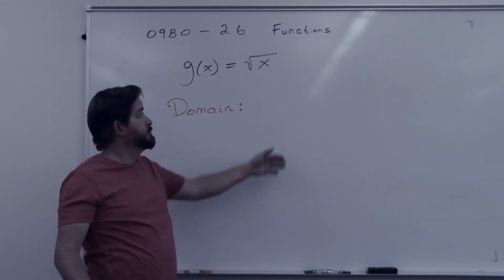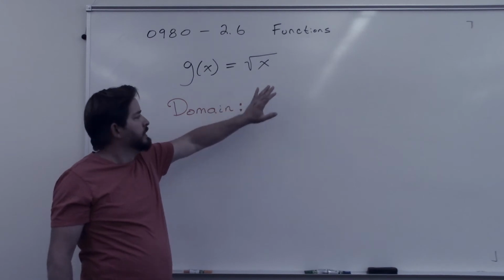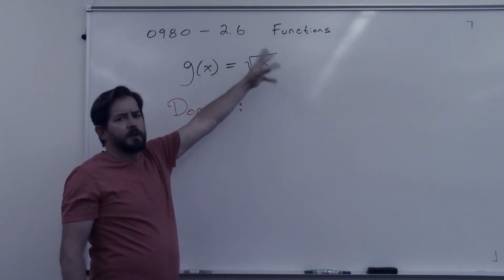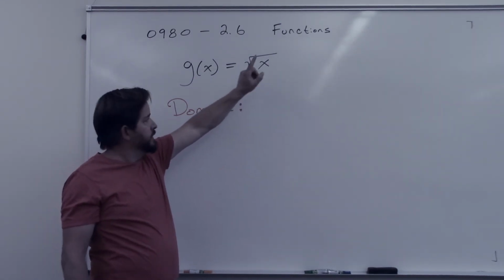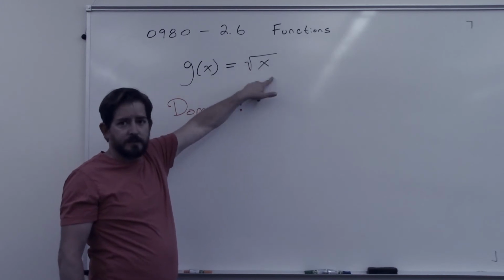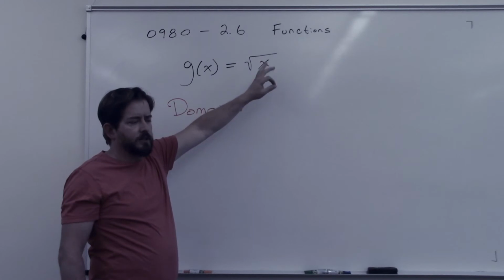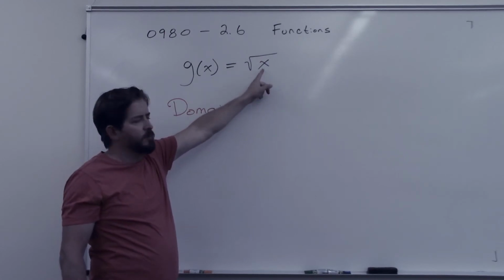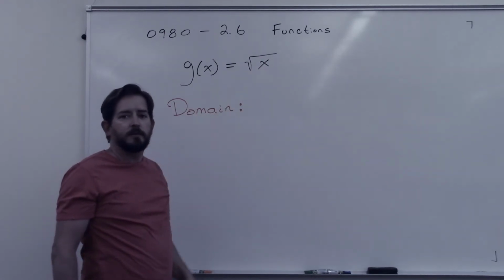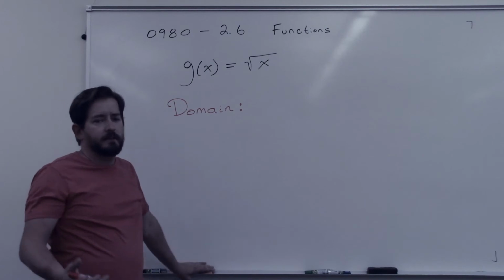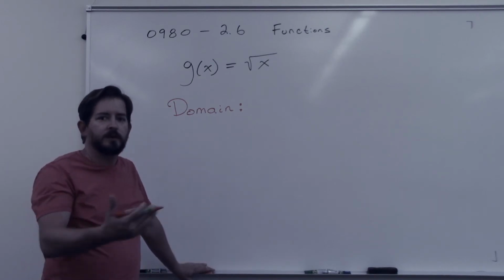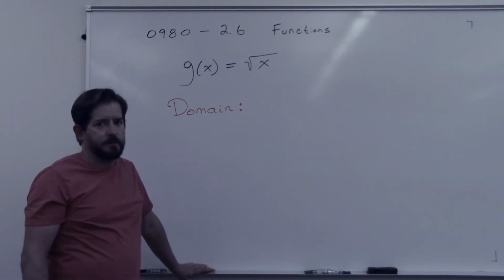I don't know what it is, but it's something, right? And so all of these positive numbers I can put in. I can put in 0, because the square root of 0 is 0. So anything that's positive is good, anything that's 0 is good, but if I try to throw a negative number in here, I start to get into trouble, right? I can't take the square root of a negative number and get a real number out of it, right?